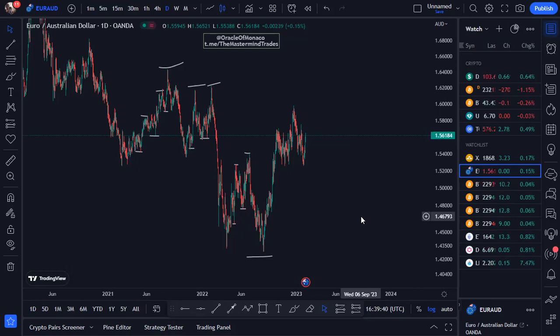Now, internal break of structure and change of character are literally those break of structures and change of characters that you can find in between highs and lows of a trend. Now, this is a trend that I have marked up here to be the high and then down here to be the low. But looking within it, for sure we can find break of structures as well as change of character in these points.